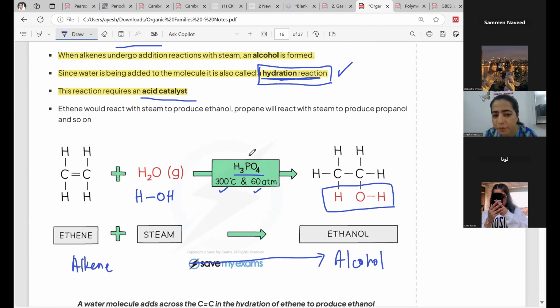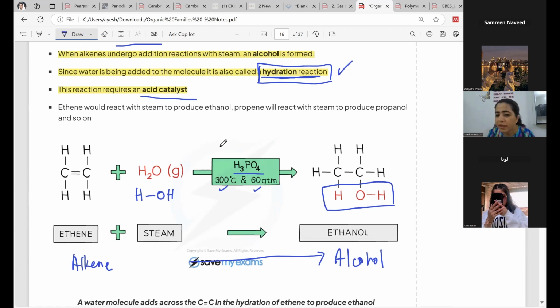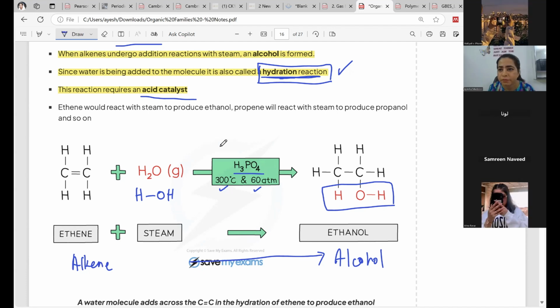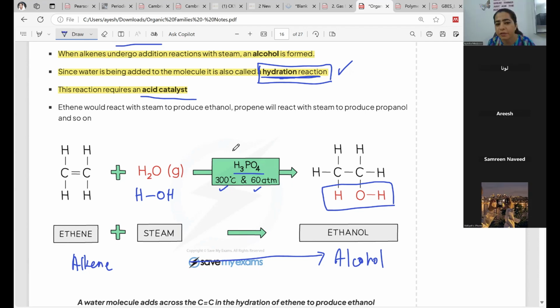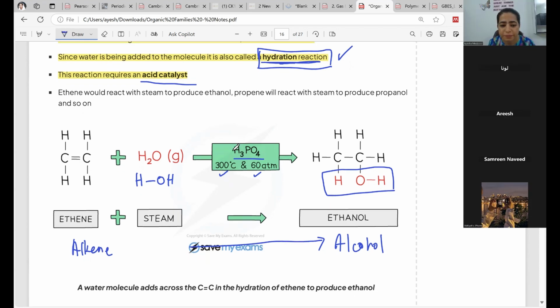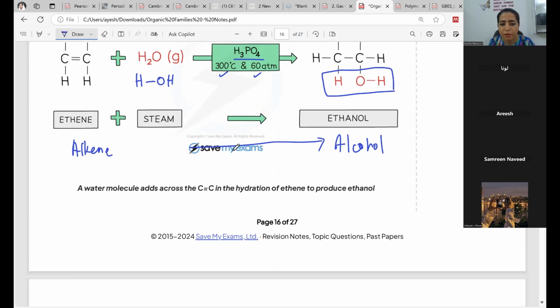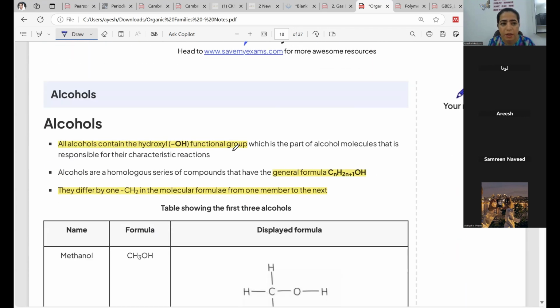So acid catalyst is needed to proceed the reaction forward. Miss, which acid is H3PO4? It's phosphoric acid. Okay.